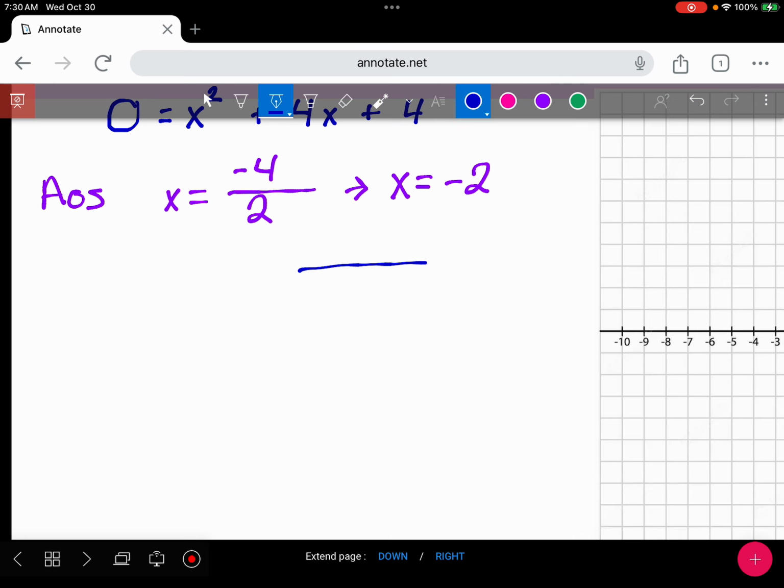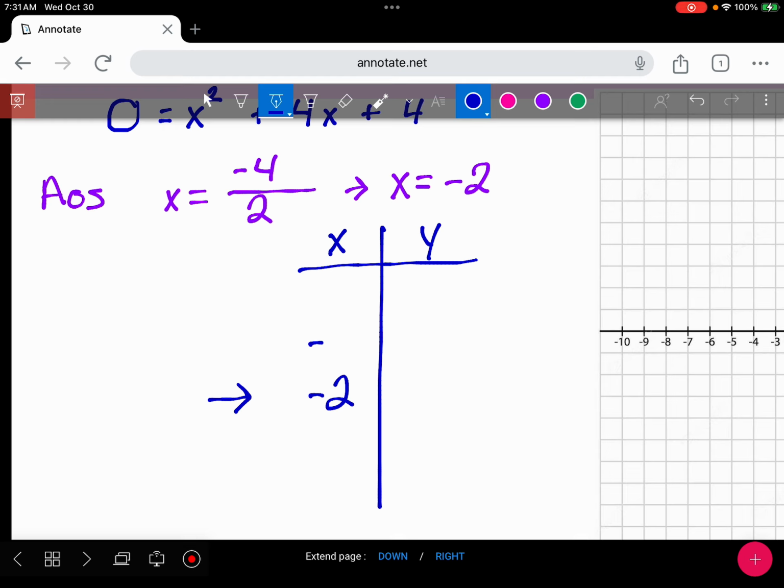What that helps us with is in our table, when we're looking to plot stuff up, we put our axis of symmetry right in the middle, our negative 2. That lets us know that that's the center, and our pieces on either side should match as long as I count outwards by the same unit, usually by 1.